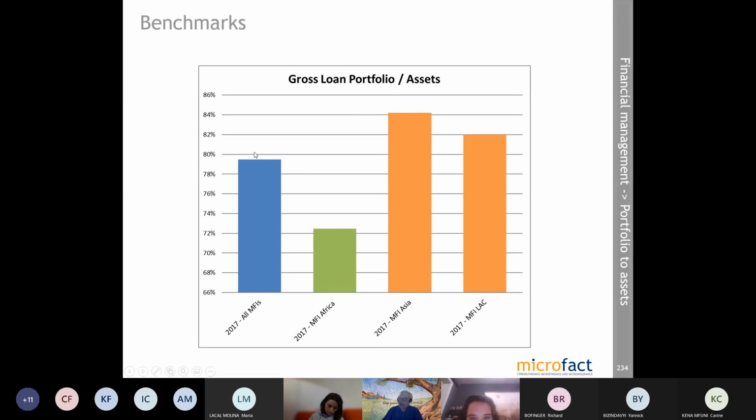So it's not like Africa having only half of all MFIs, but they are at 70%. It's mainly because of savings. They require higher liquidity levels, so therefore they have a lower gross loan portfolio to assets. But 80%, just take this as the benchmark to keep in mind as a normal organization.